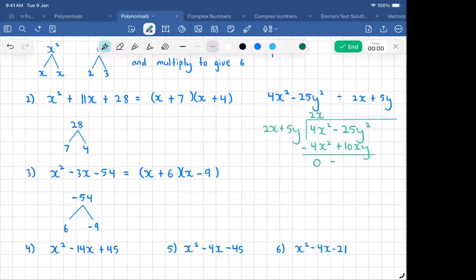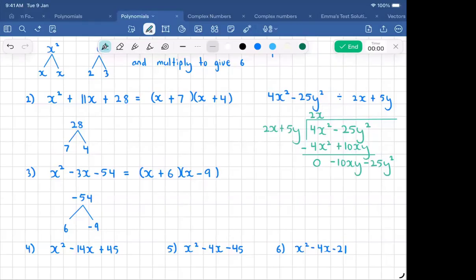And if you write minus 25y squared minus 10xy, 2x can't go into 25y squared, so that's a problem. So watch. If I want, I could put minus 10xy first, and then put minus 25y squared. Do you understand that?